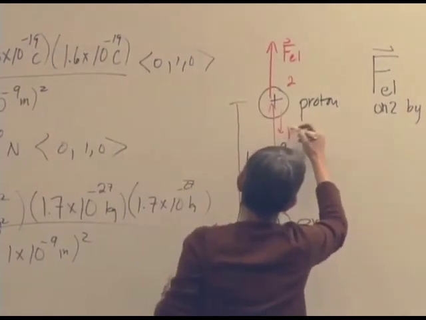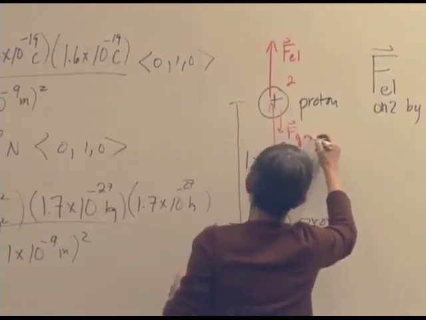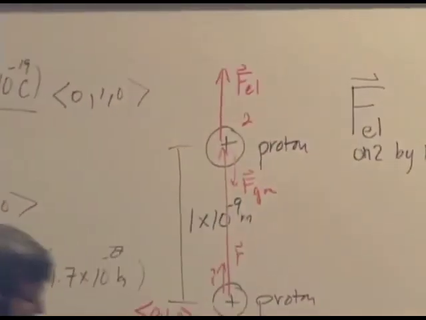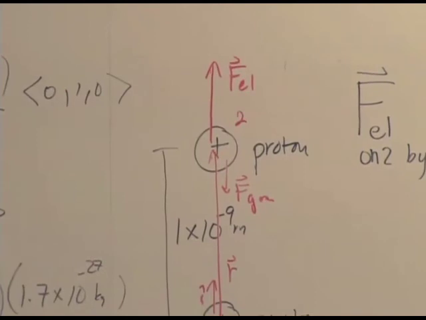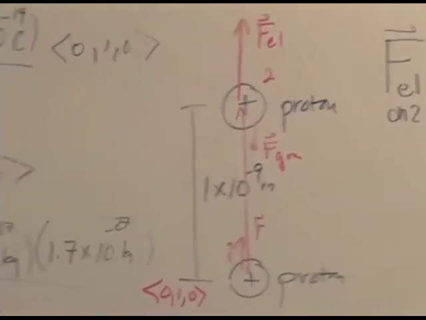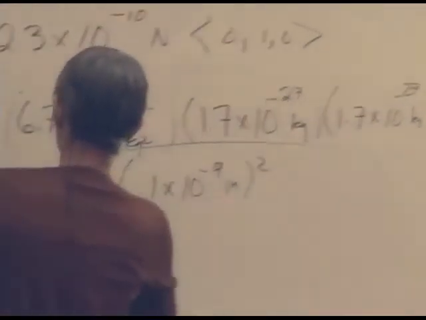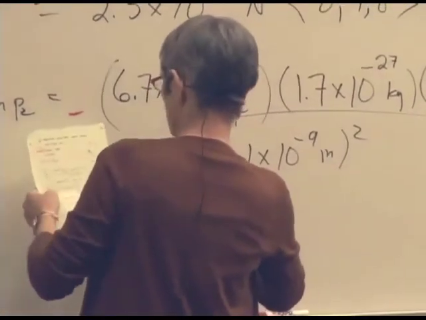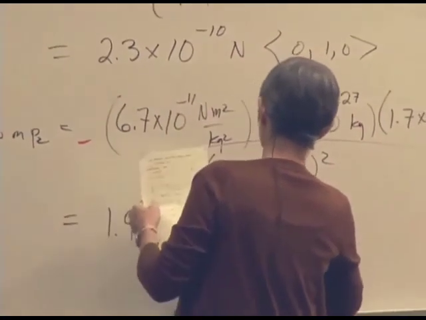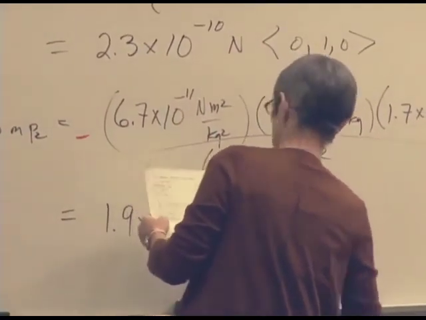So we multiply this all out, and we get a number something like 1.9 times 10 to the negative 46 newtons in the 0, negative 1, 0 direction.